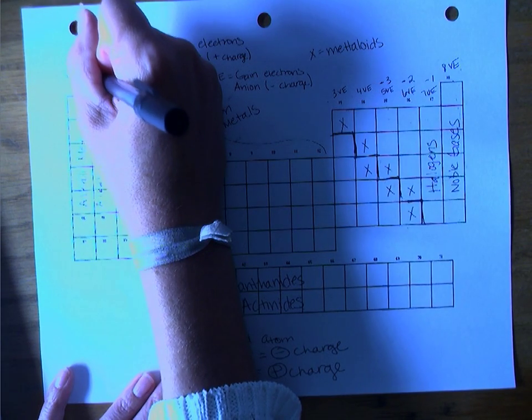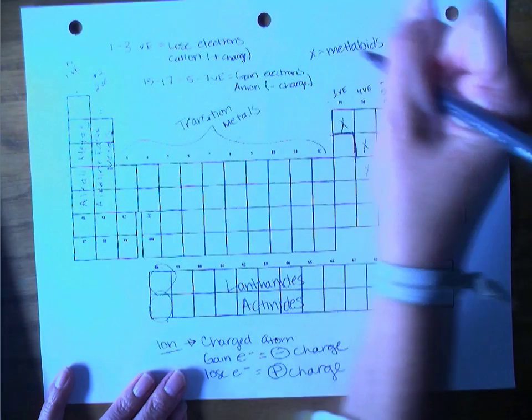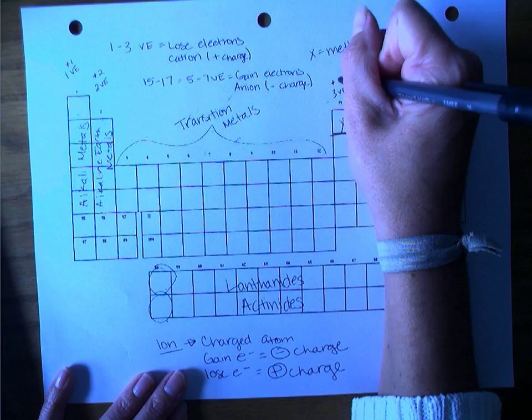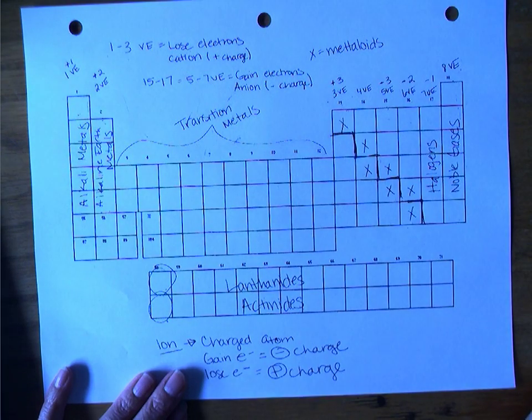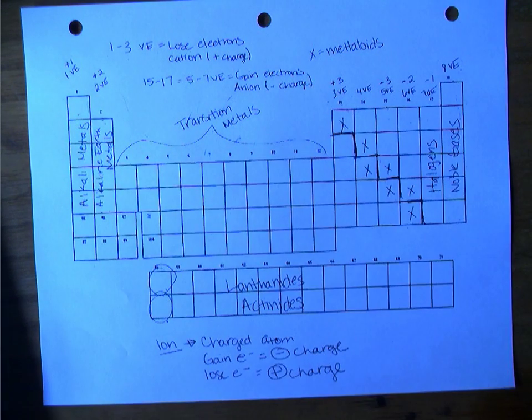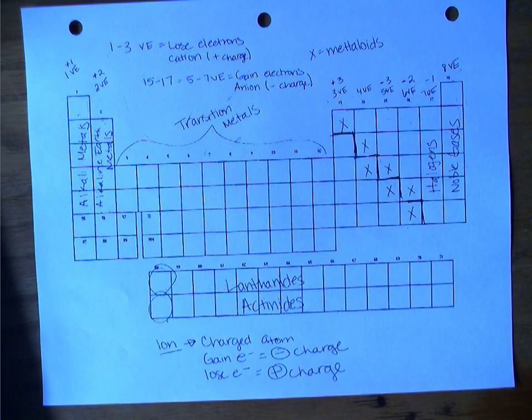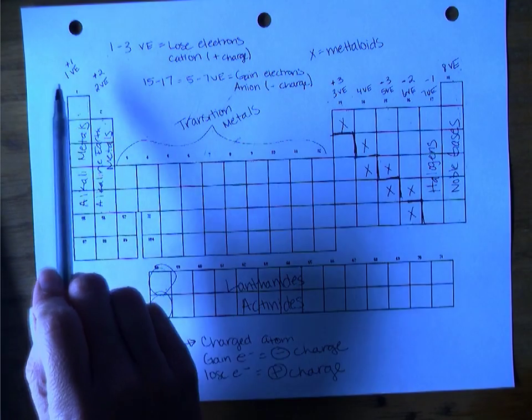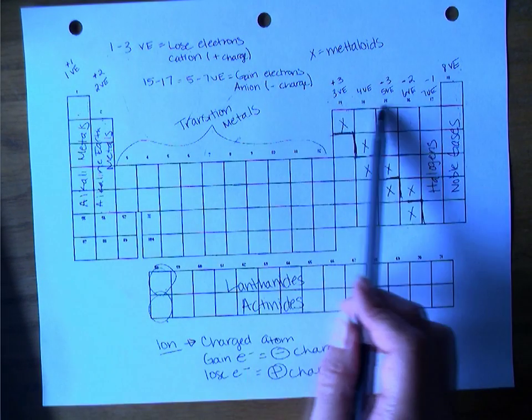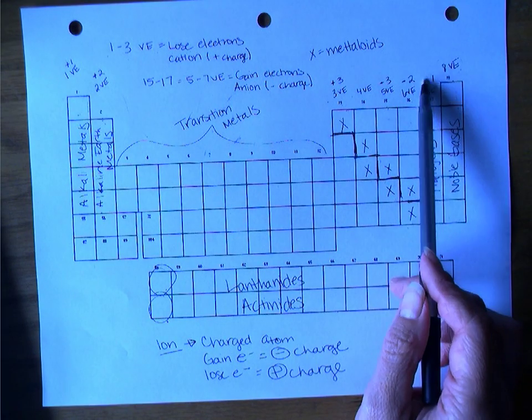If I lose 2 electrons, I'm left with a positive 2, and lose 3, I'm left with a positive 3. Now, I know this looks like a mess, so you may have to watch certain parts of the video, rewind, do whatever you need to do to watch the couple parts over again. The first part was where everything is. The second part has to do with the group number it's in, and then the number of valence electrons, which helps us figure out the charge.